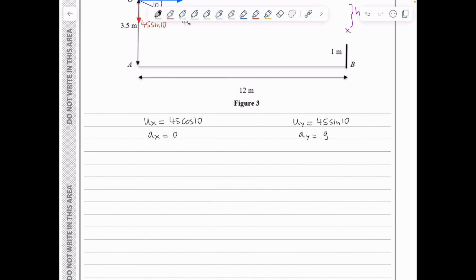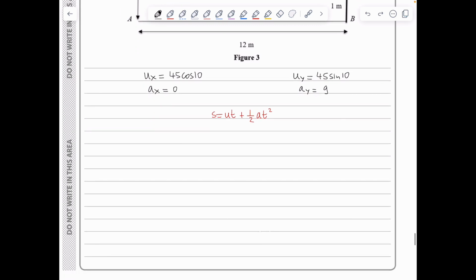Now we know that s is ut plus a half at squared, so in the horizontal direction we've covered a distance of 12 meters, so 12 is equal to 45 cos 10 times t, leading to 12 over 45 cos 10 being the value for t, whereas in the vertical direction the displacement is h, and this is equal to 45 sine 10 times t plus a half times the acceleration g times t squared.